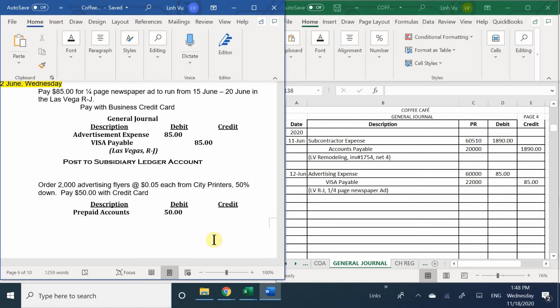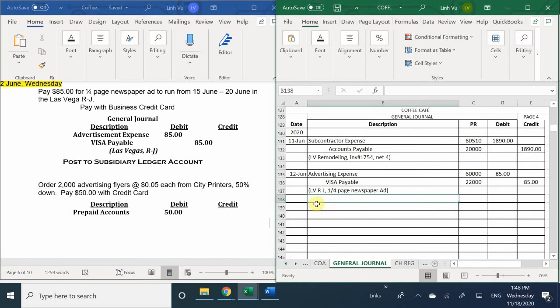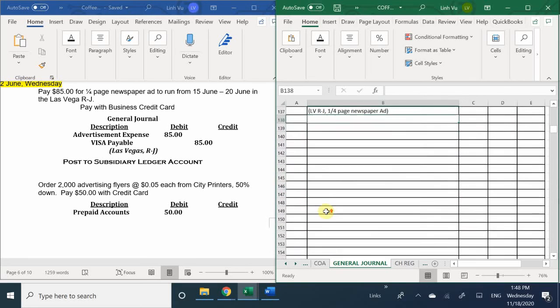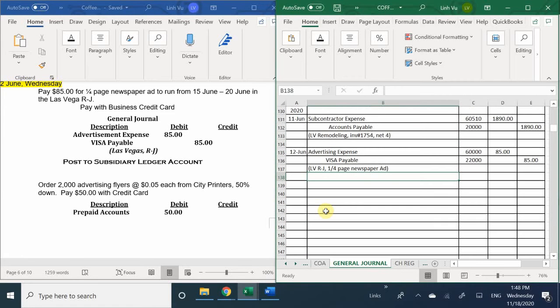Put 50% down, and we paid the $50 with a credit card. It looks like a Visa credit card. Good, we only have one credit card. So not only did we buy a newspaper ad, we're also going to be distributing flyers to hand out to the public, so we can get some more sales going. You release the flyer saying, if you come now, you get a sales discount. So, our grand opening promotion.